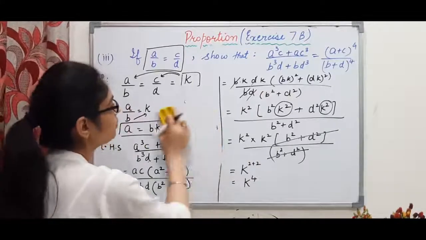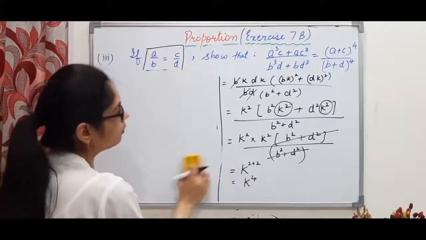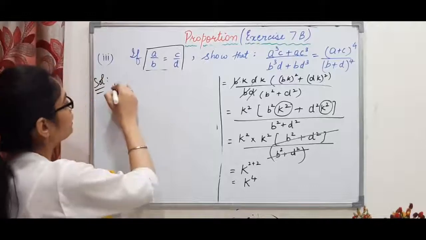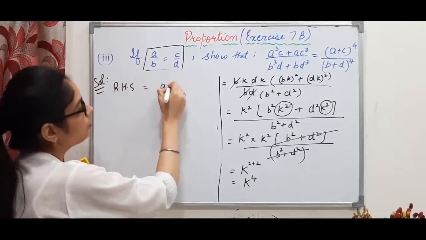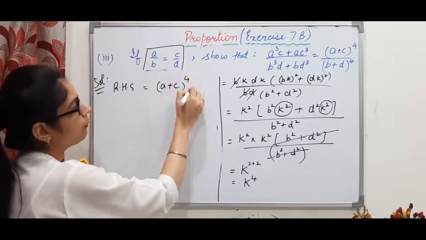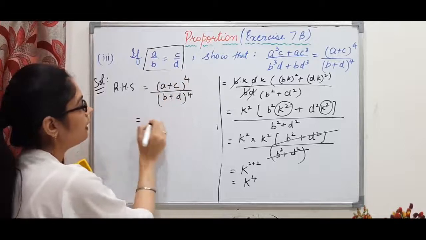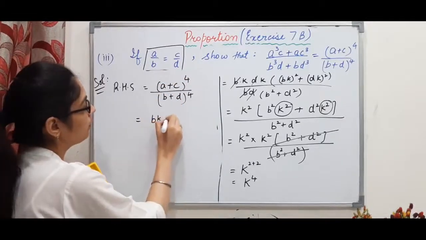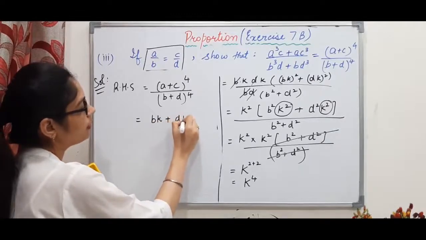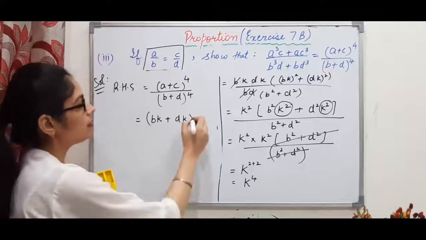So same things we will use, value of a and c, same way we have to substitute. So right hand side it's given a plus c whole power 4 upon b plus d whole power 4. So a is equal to bk, c is equal to dk. So just substituting the values of a and c.